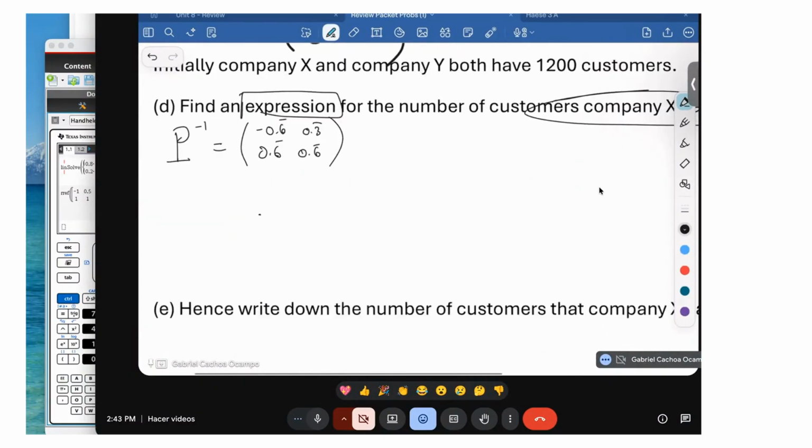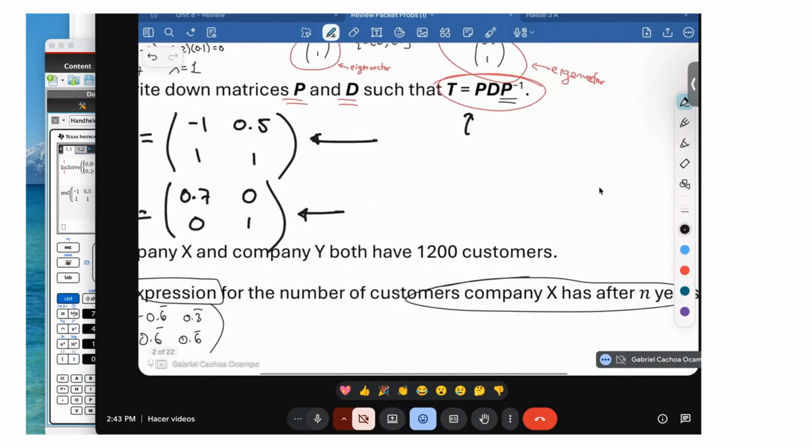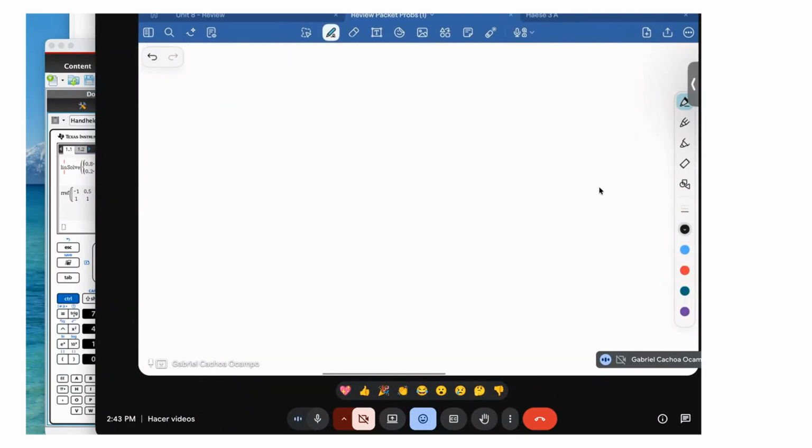Look, we want to find an expression for what is T to the n. T to the n is T times T times T times T. This is the same as the original matrix that was 0.8, 0.2, 0.1, 0.9 to the n.